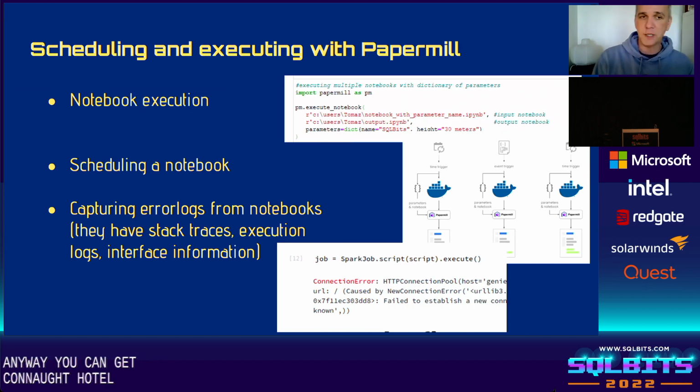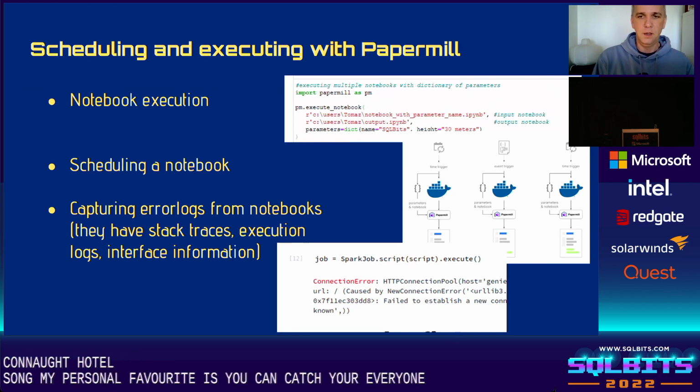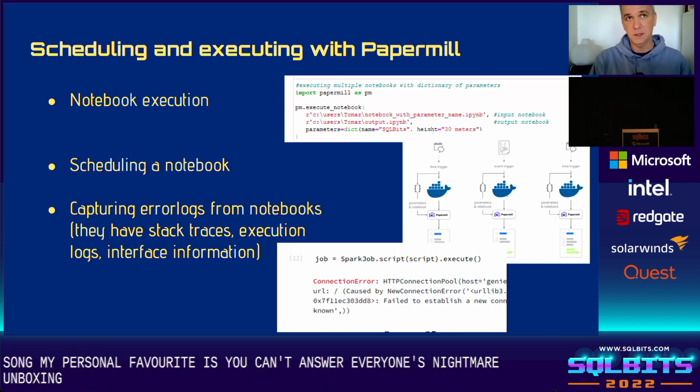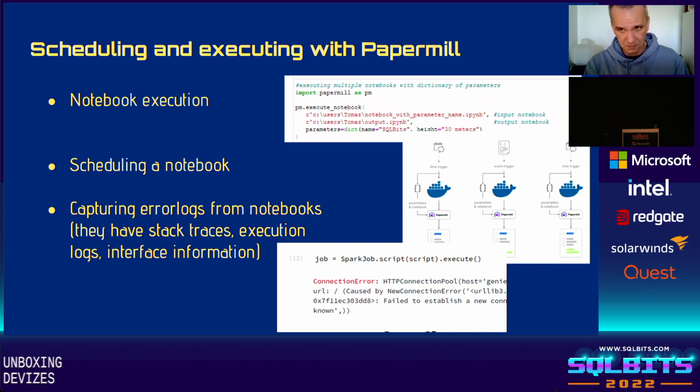You can schedule it. And also, my personal favorite is you can capture error logs much better. Why? Because for those who've been using notebooks, those errors can be tedious. Either you don't want to see them or you don't really get the right information. Papermill will help you here as well.